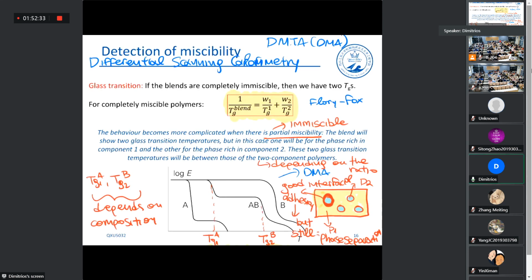A good interface is this region separating the two phases here, being very strong and essentially continuous, not producing holes or gaps that can act as failure points during testing.